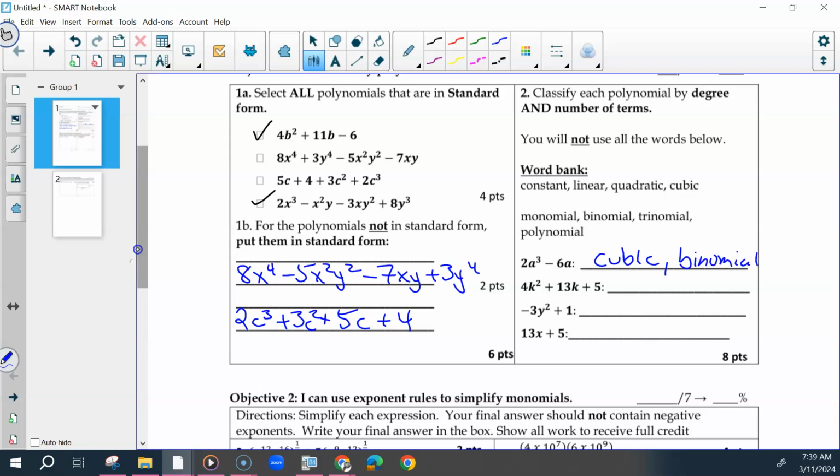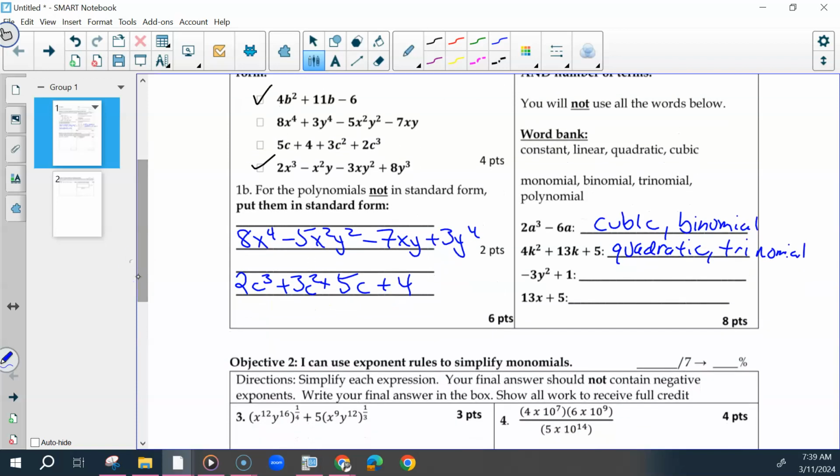The next one was a quadratic trinomial. The next one was a quadratic binomial. And the last one was a linear binomial.